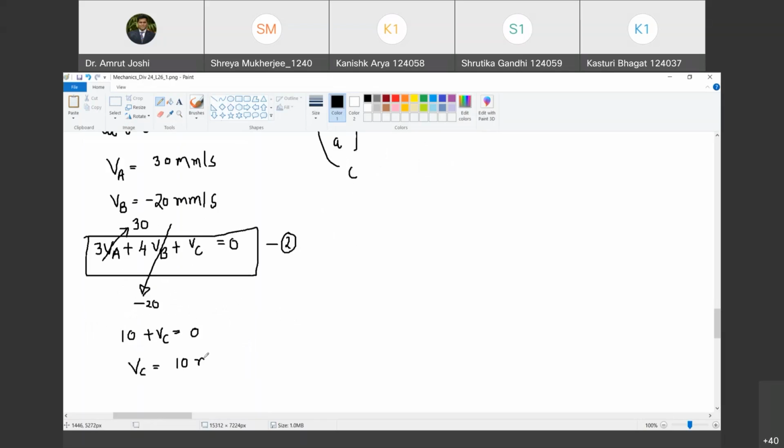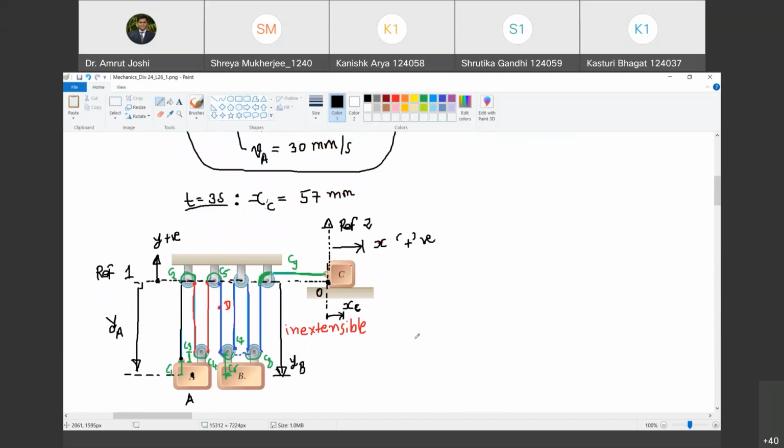Minus 10, sir. Minus 10 mm per second. Happy? Yes, sir. At time t equal to 0. And what does it indicate? As the sign is negative, therefore block C at time t equal to 0 must be moving towards left. Are you with me? Yes, sir.